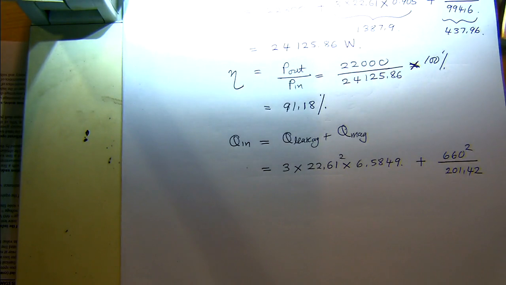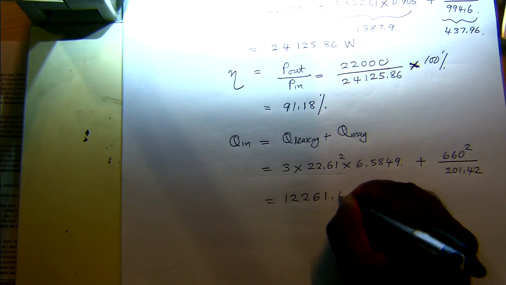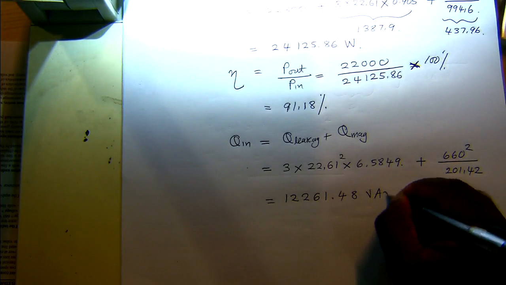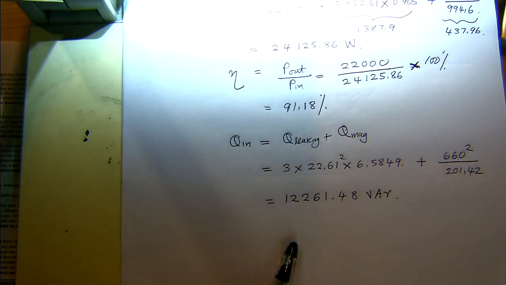So then you have reactive power, 12261.48. So that's the total reactive power. So now you have real power input, reactive power input, so we can find the apparent power input.